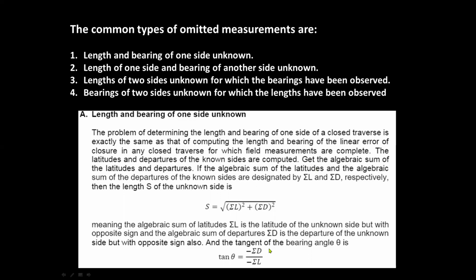And the algebraic sum of departure, summation D, is the departure of the unknown side, but with opposite sign also. And the tangent of the bearing angle theta is given by this formula: tangent of theta is equal to the negative summation of departure divided by the negative summation of the latitudes.